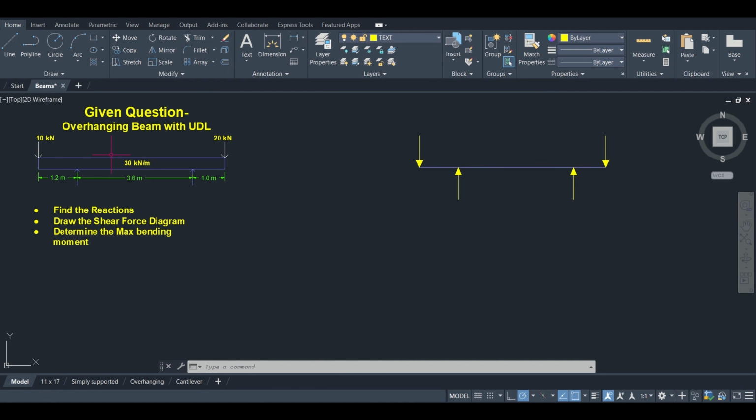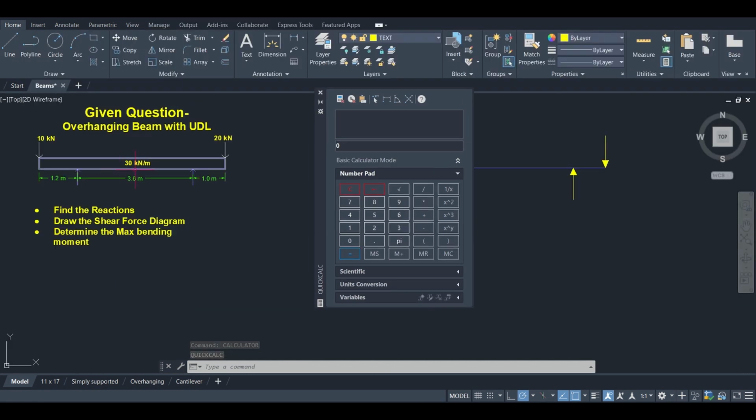So let's go about calculating so that we can decide how much this load is in total and position it at the center of the beam. So to do that, I'm going to get my calculator. So it's 30 kilonewtons per meter. So what I'm going to do is just add all the distances that are here.